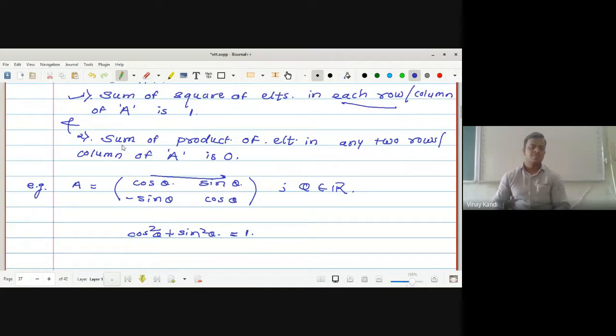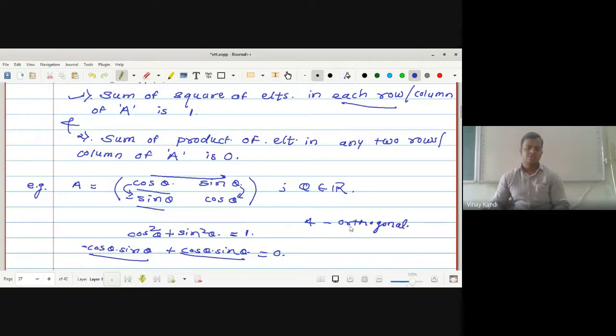The second one is the sum of products of elements in any two rows. Take the first row and second row and multiply: minus cos theta into sin theta plus cos theta sin theta. One is plus and one is minus, so the value is 0. Hence the matrix A is orthogonal.